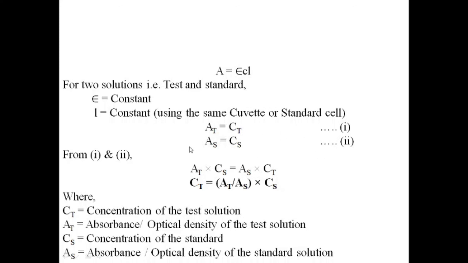From this, a new equation can be derived: C_T, the concentration of the solution under test, equals the ratio of absorption of test and standard solution, multiplied by C_S, and the concentration of the solution under test can be calculated.